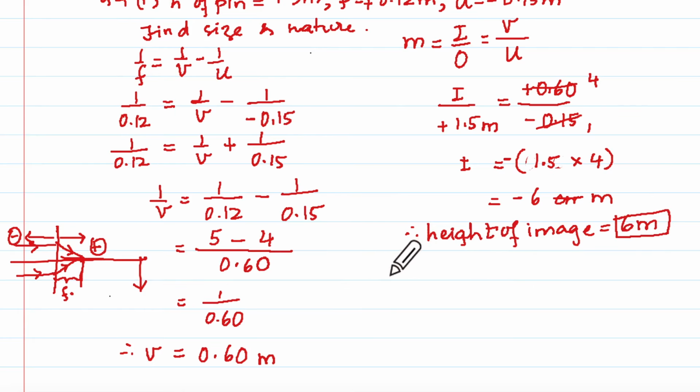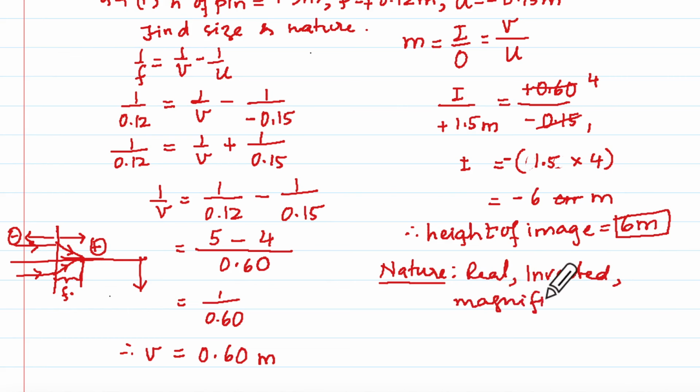Understanding? And then nature. What will be the nature? Real, inverted, and magnified. Also, it was 4 times magnified, no? And also, where it will be, see, focal length is here. Object distance is between F and 2F. Can you see that? This 0.15 and this.